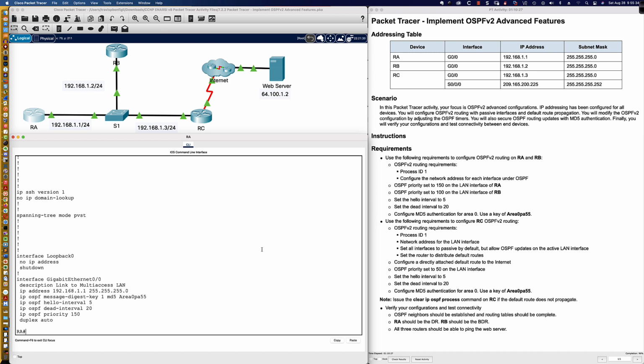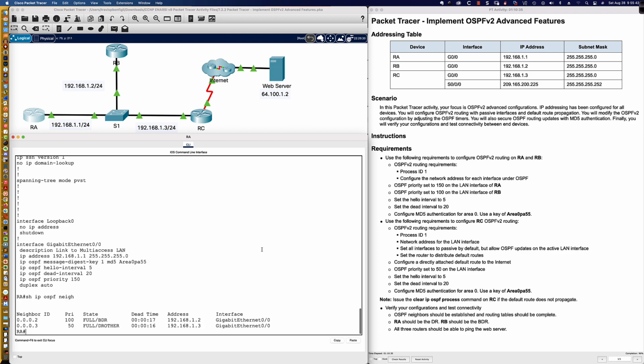OSPF authentication. So you'll notice that what I've done is working, right? We've got end-to-end connectivity. I've got show ip ospf neighbors. I've got my neighbors. So what they must want here is they must be looking for us to do the following.